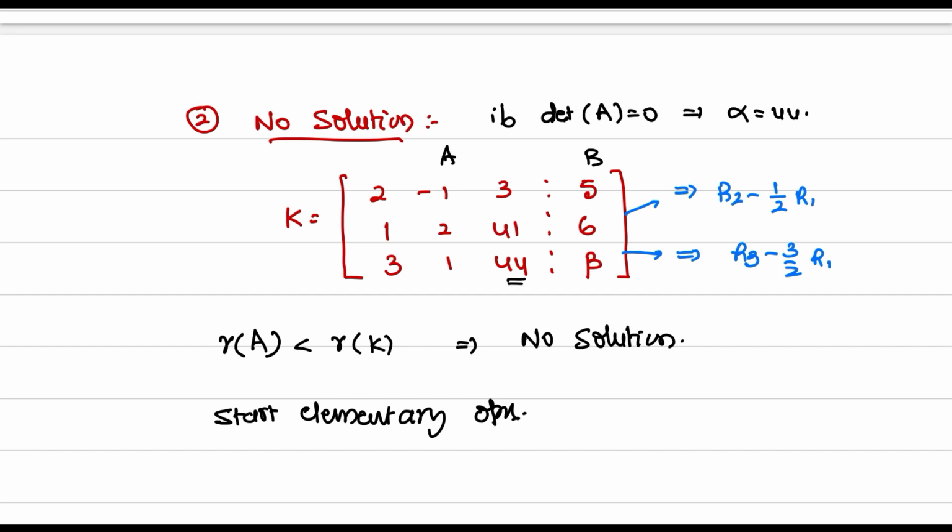Once we perform these operations, you can get, and we have to operate one by 2 of R1.